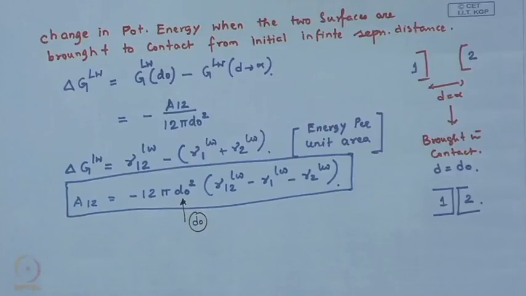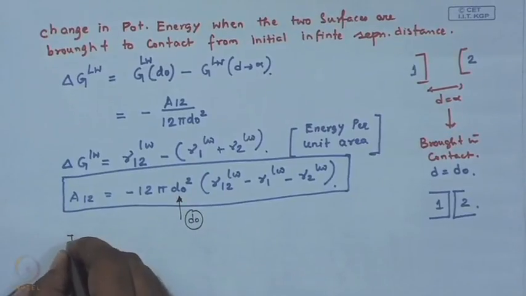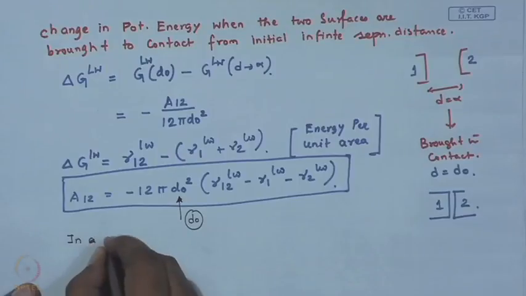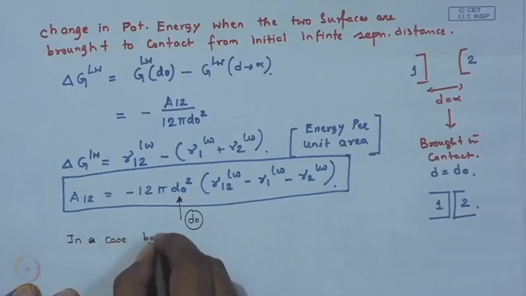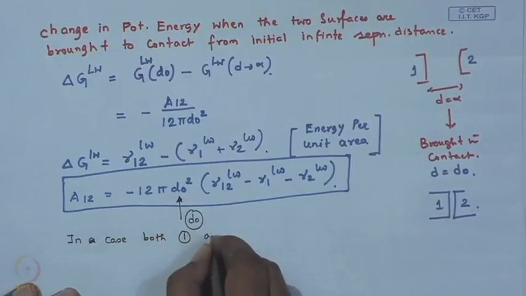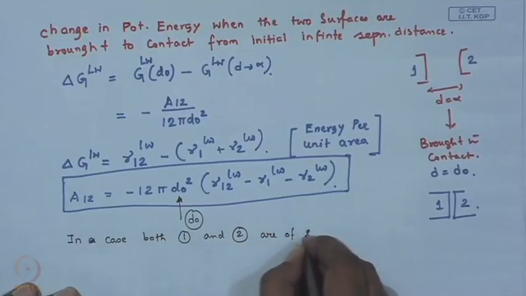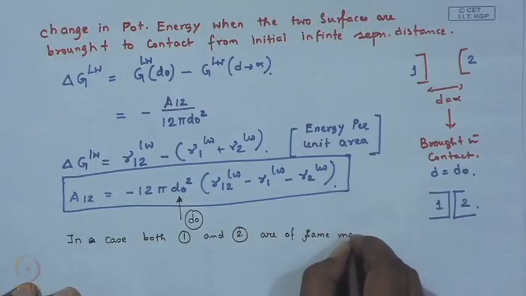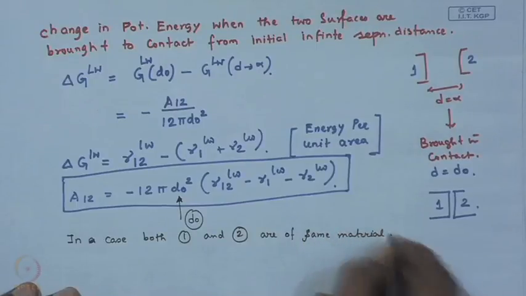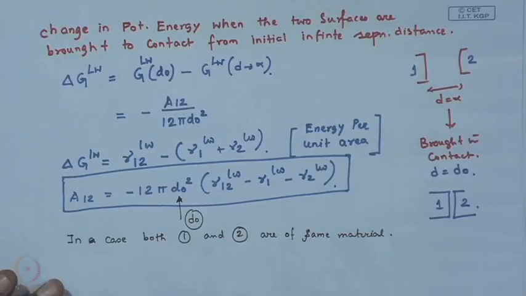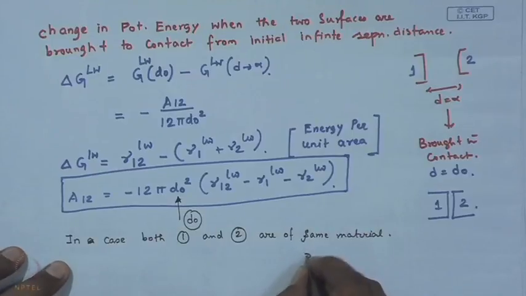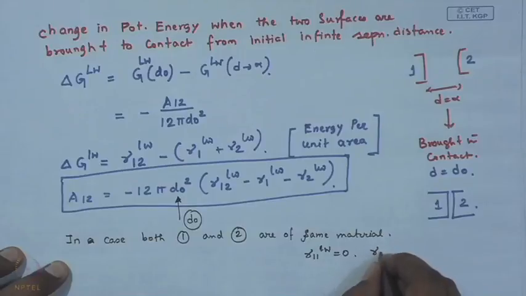Now, in another special case, in case both 1 and 2 are of the same material, we essentially get gamma 11 LW equal to 0, and gamma 1 LW equal to gamma 2 LW.